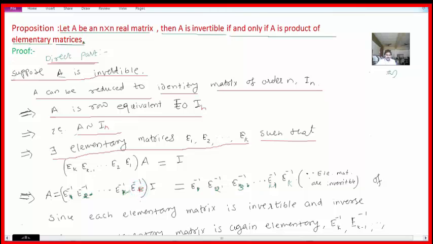So we get A is equal to E1 inverse, E2 inverse and so on, Ek minus 1 inverse, Ek inverse into I, where I is the identity matrix. This can be written as E1 inverse, E2 inverse, E3 inverse and so on, Ek inverse, since elementary matrices are invertible.